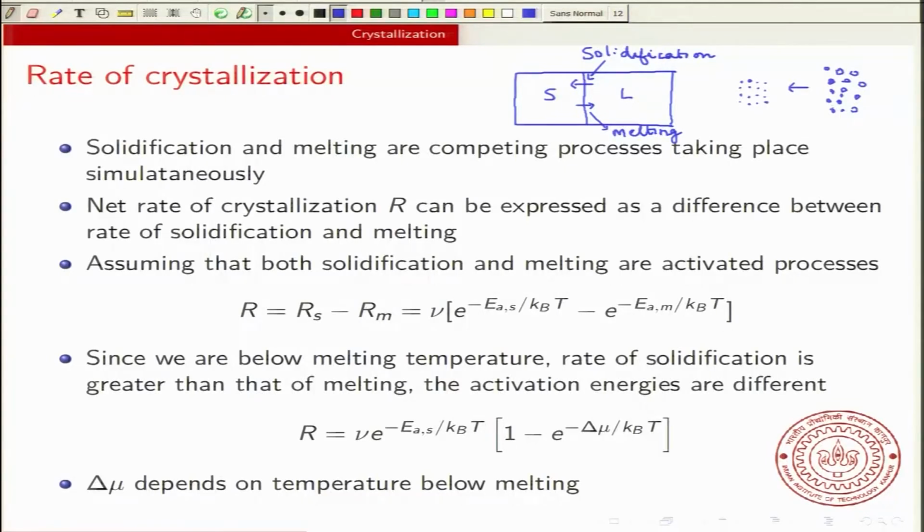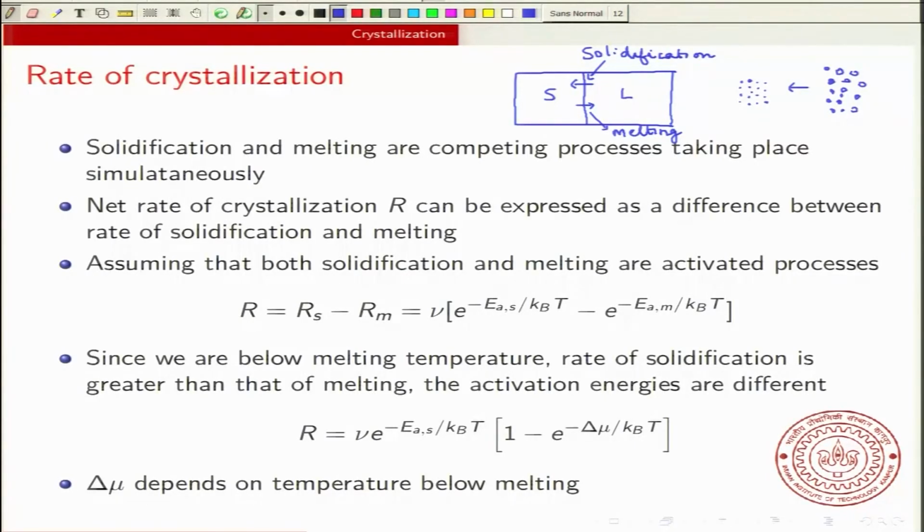Now, in order for this to happen, these atoms have to execute certain motions. If you take any atom in a liquid, typically it sees a lot of atoms around it, and it has to essentially push them a little bit so that it arranges into the form of a solid. So there is an activation energy going from this liquid state to this solid state.